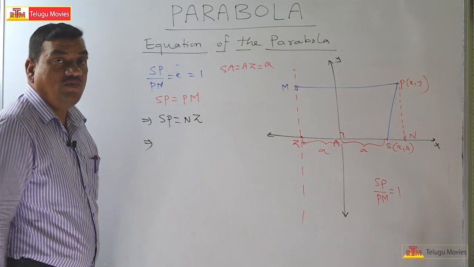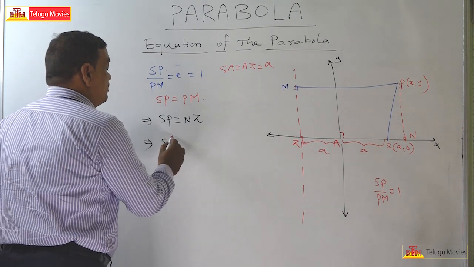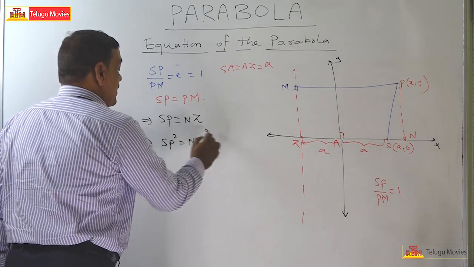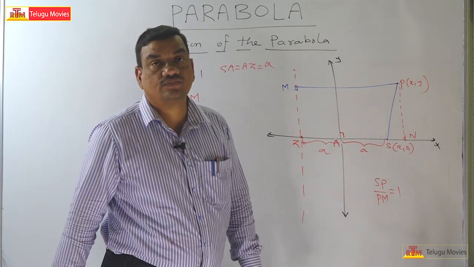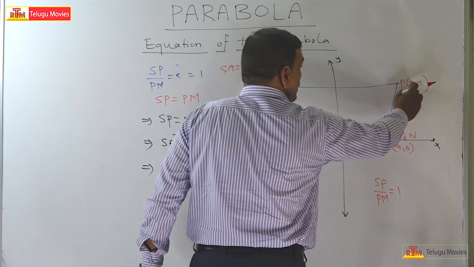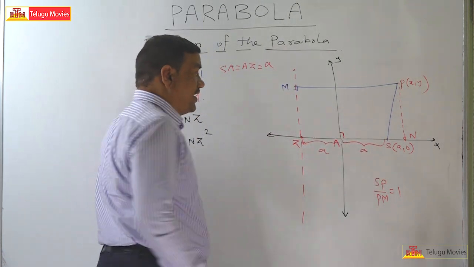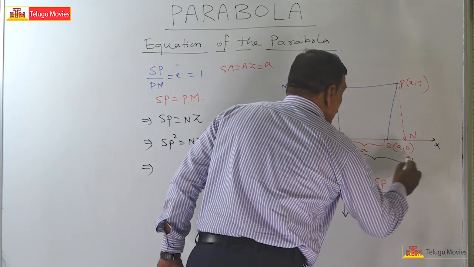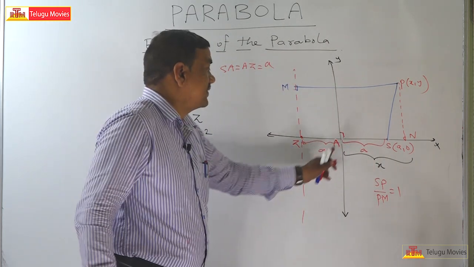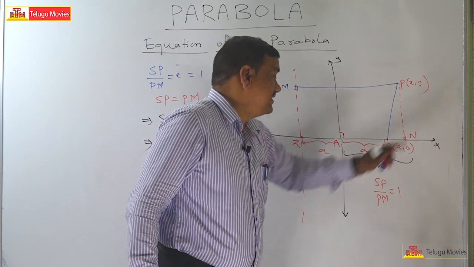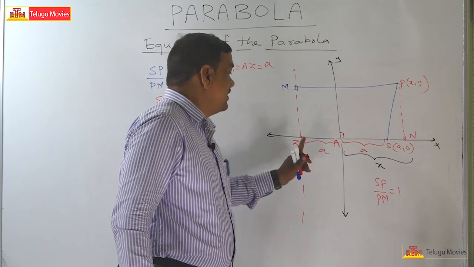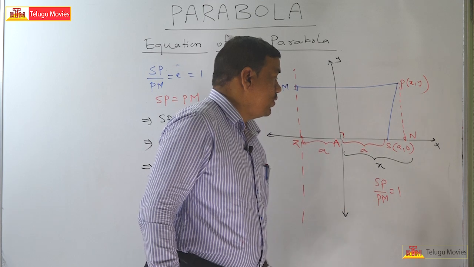So squaring on both sides, SP squared is equal to NZ squared. What is the length of NZ? See here, P coordinates are (x, y), that means AN is x.